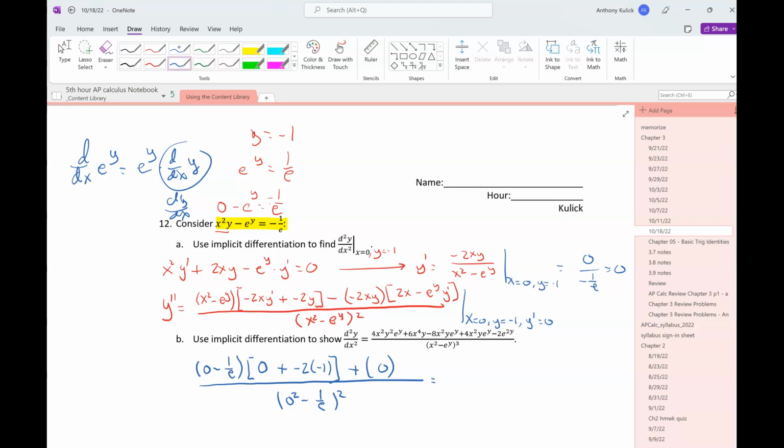We have negative 2 over e over 1 over e squared.